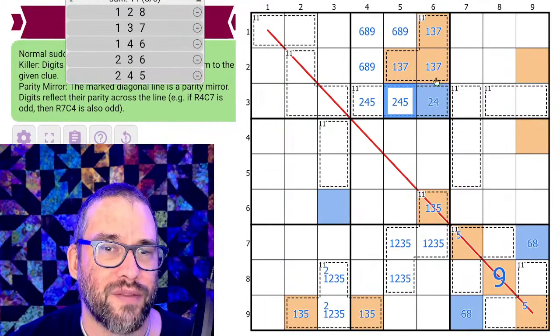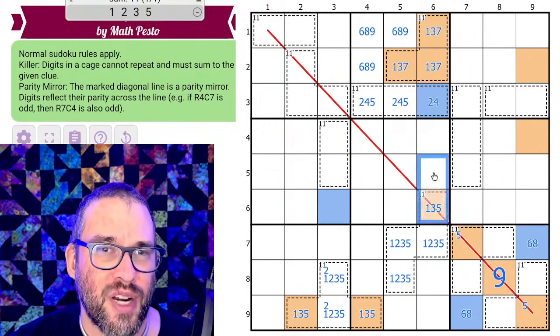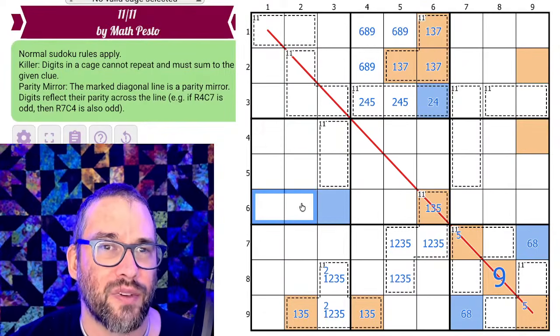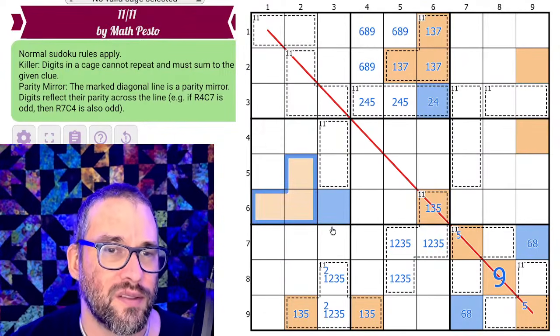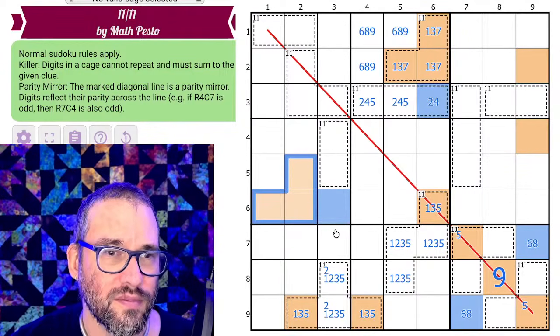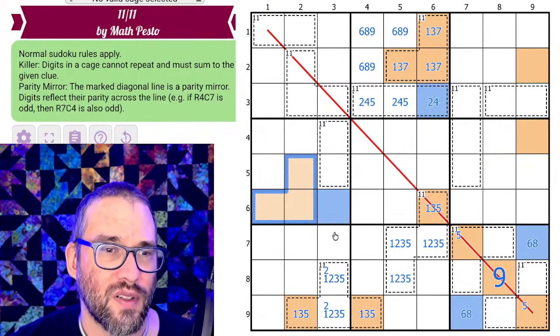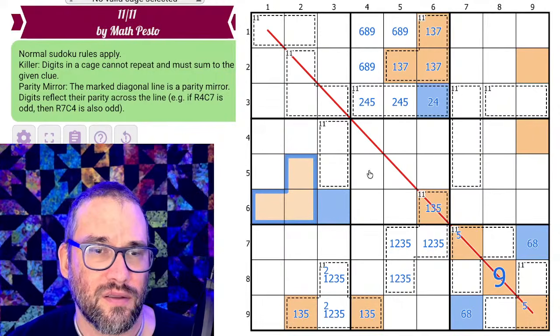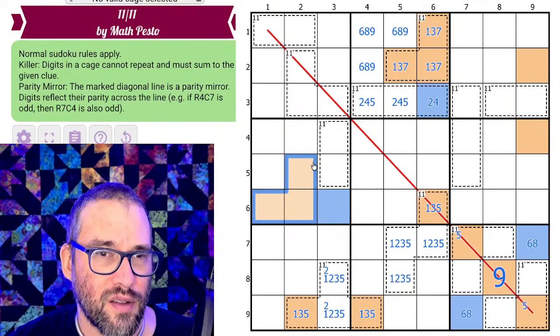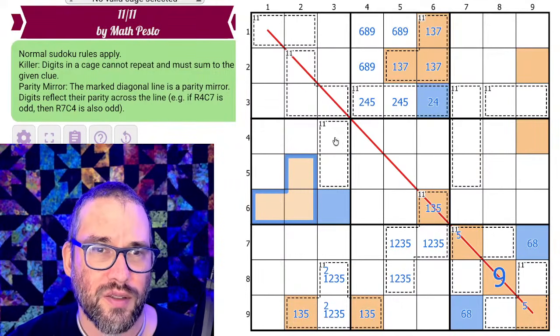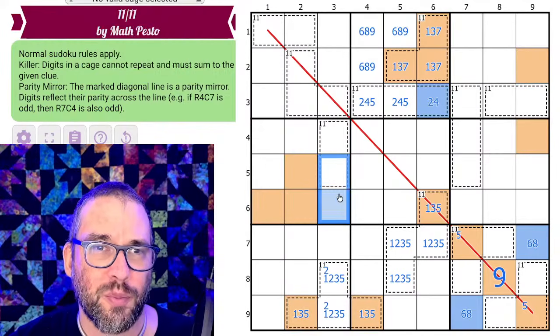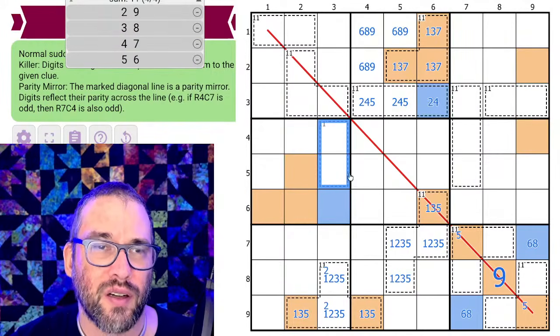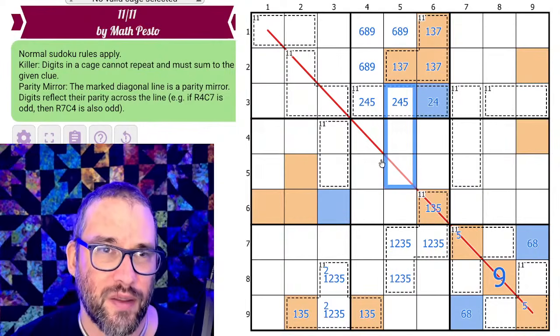Yeah, this could be the 5. So I don't get to do those eliminations. But I do get to reflect these odds. So we only get one more odd in this box outside of here, which doesn't tell us anything up here.